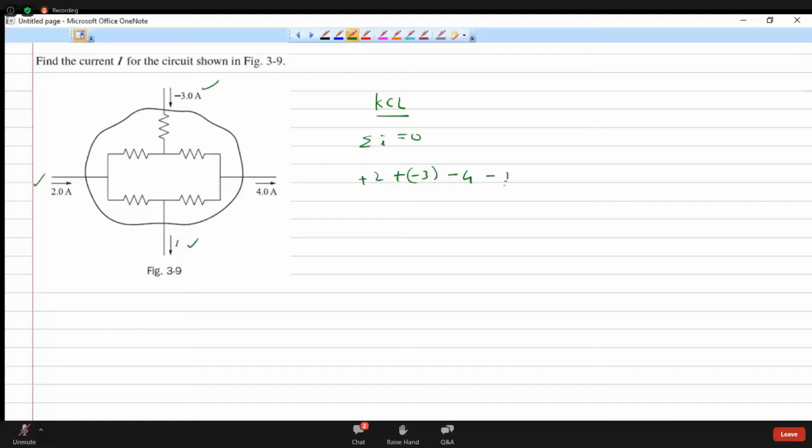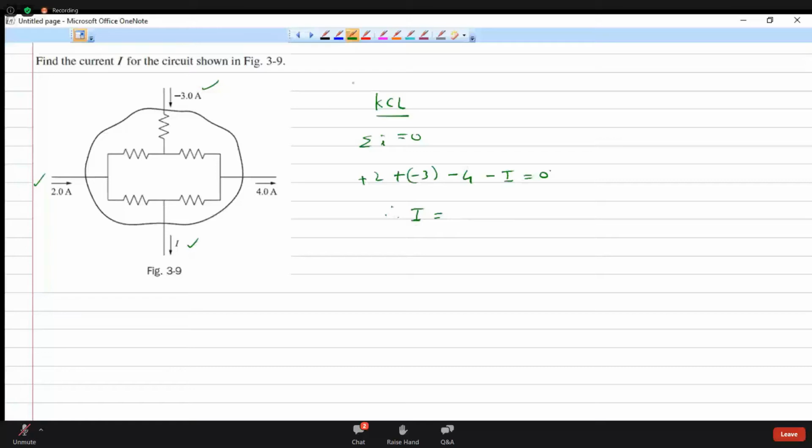I is leaving, so minus I is equal to 0. So I is equal to 5 ampere or minus 5 ampere.